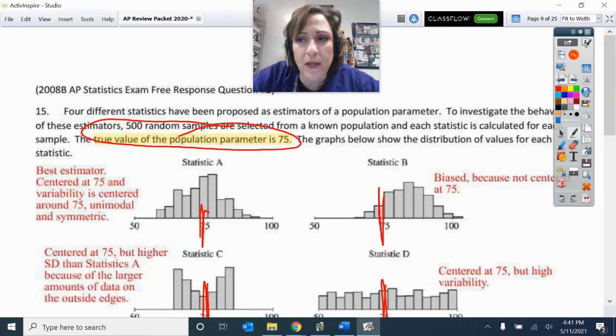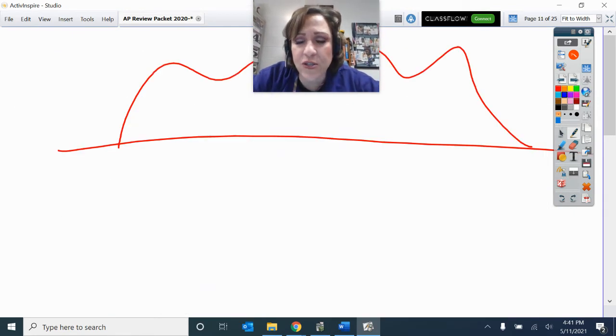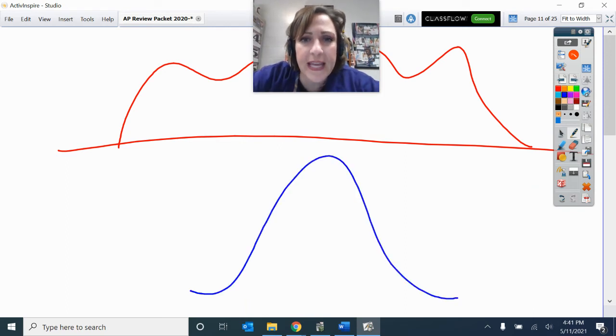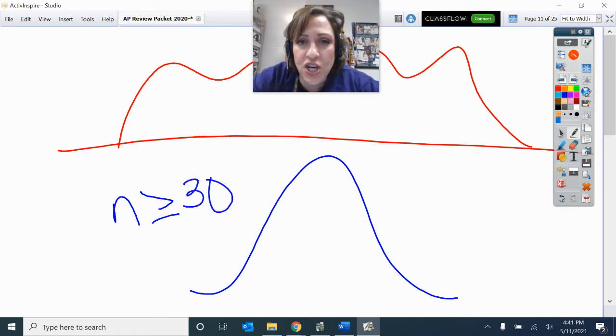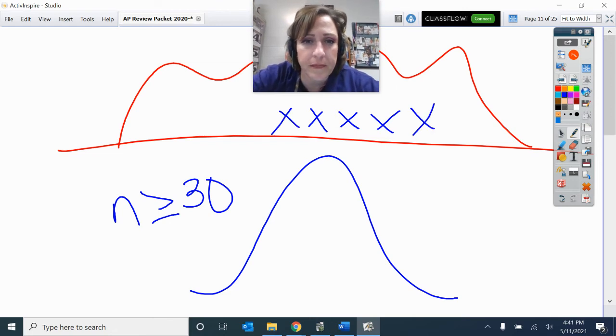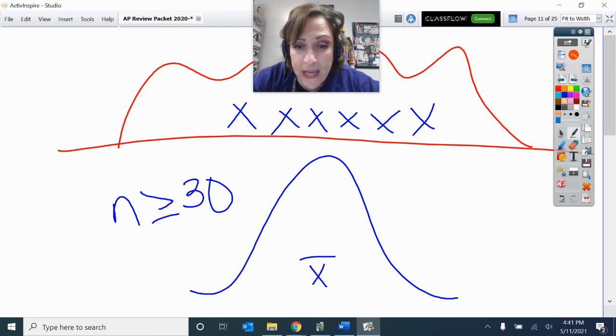Now, remember what central limit theorem says. Central limit theorem says if n is large enough, then it does not matter the shape of the population. The sampling distribution of sample means is going to be approximately normally distributed.